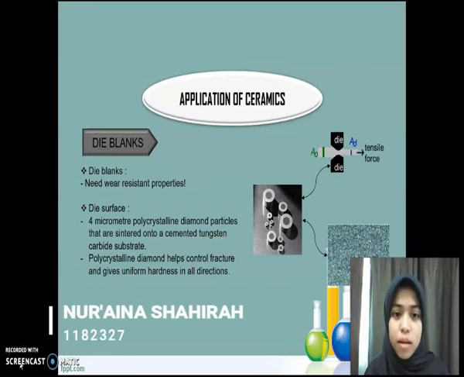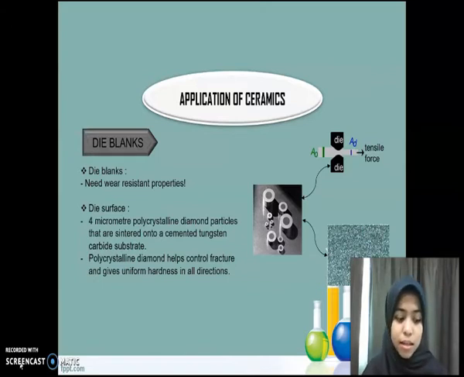For my part, I will further explain about application of the ceramic. Die blank. What is die blank? Die blank is the thing we use to hold something that we want to cut.